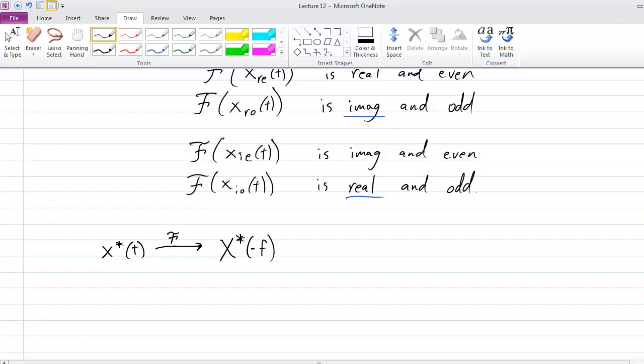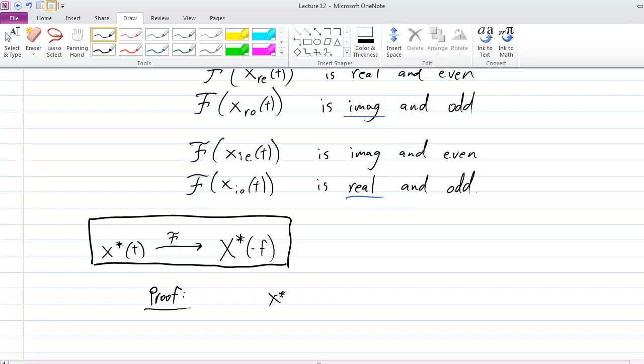Well, how can we get that? This is the new property I wanted to show you. A little proof here. X conjugate of t equals x real of t minus x imaginary of t.